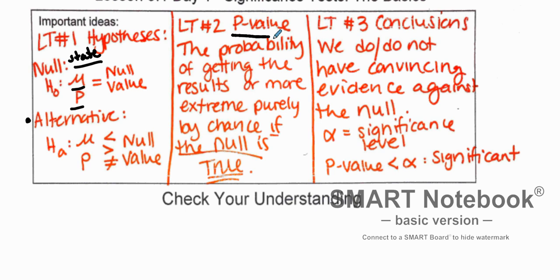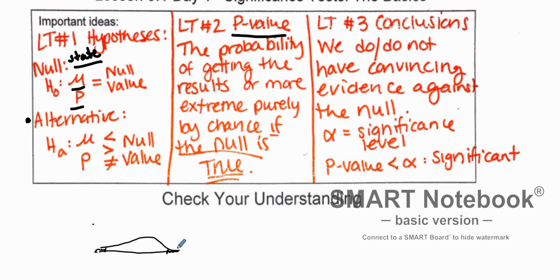Now, a p-value is the probability of getting the results, or more extreme, purely by chance. So when we talk about a p-value, I'm just going to change this up real quick. When we do a 95% significance test, we really have a normal curve, and we're trying to figure out: is our result in this middle portion, or is it in these extreme portions of significance?